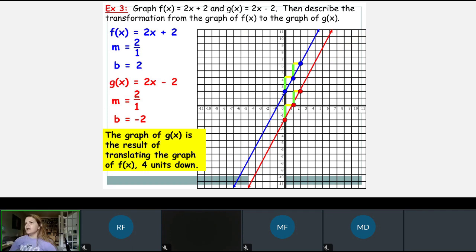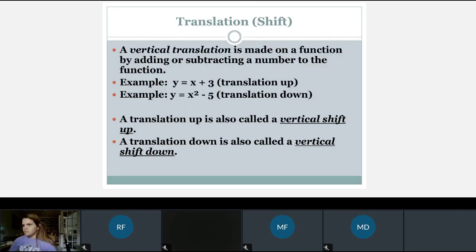Okay, so now let's take a look at another rule. This is another way to write the rule that we just learned. This is what we call when something is sliding up or down. We call this a translation or a shift. So it shifts up or it shifts down from the original.